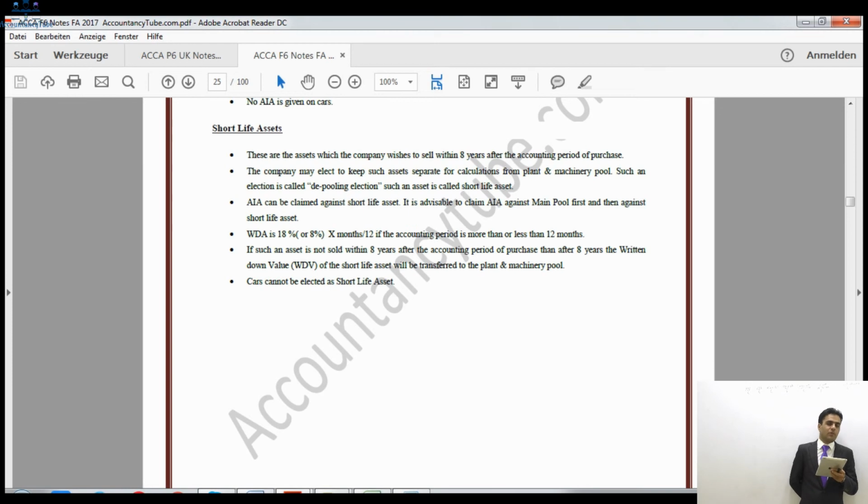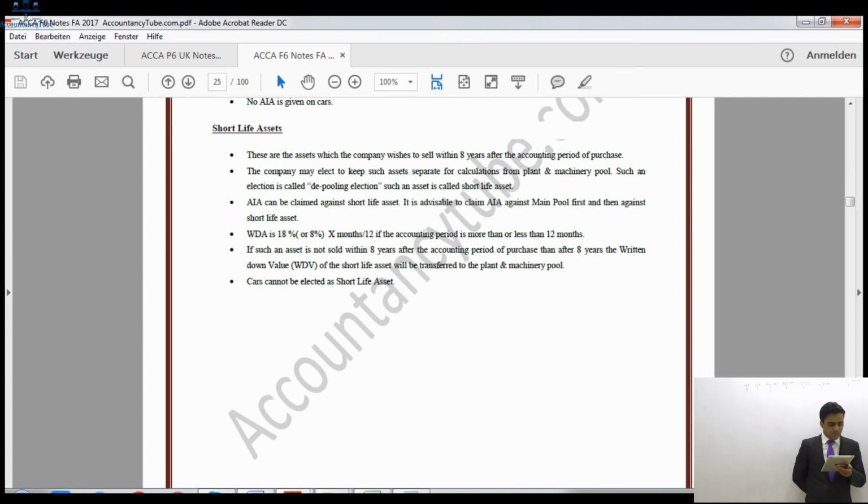The next type of cars are those emitting more than 130 grams. Those cars will go into the special rate pool where 8% relief will be given. Now the cars from 76 grams to 130 grams will go into the main pool. And we know that the capital allowance rate in the main pool is what? 18%. So it will be at the rate of 18%.